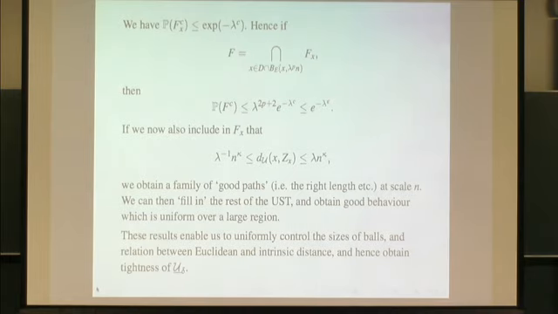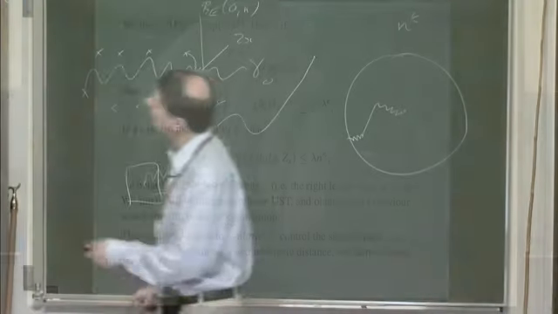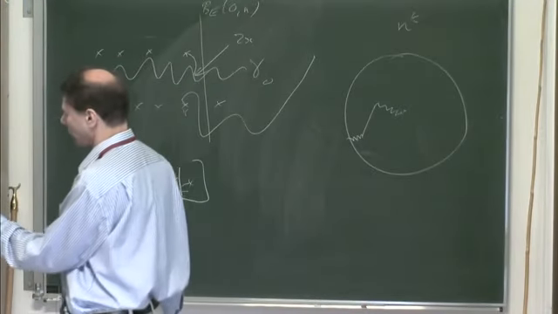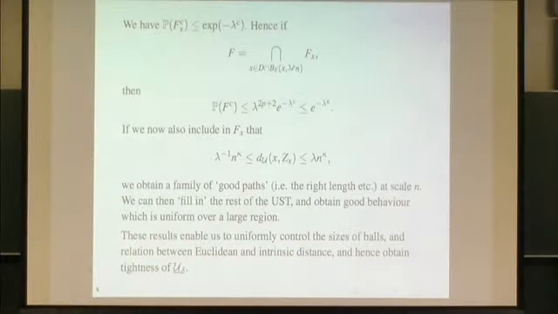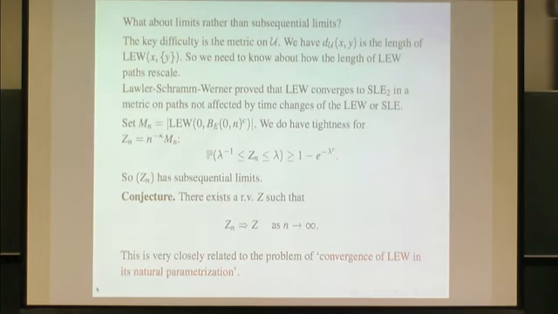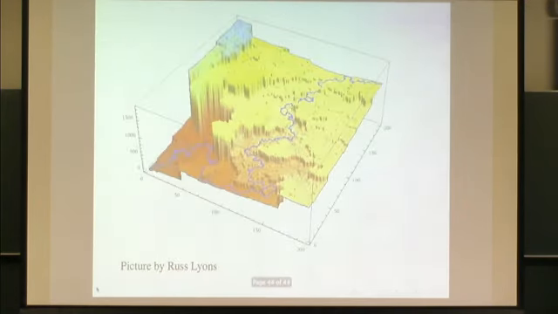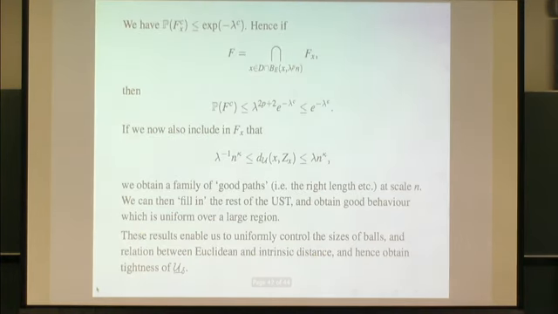There's lots of room to put other nice things into the event Fx, and one of them is that the distance between x and the point Zx, so this is going to be the point here, Zx, is also of the right order.